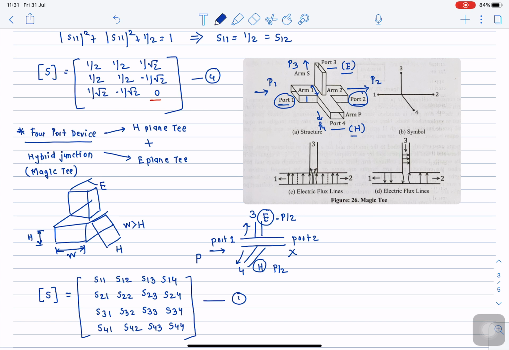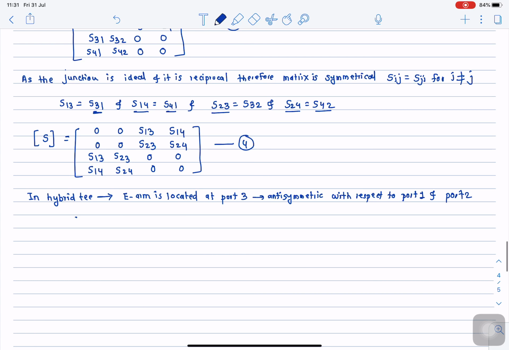So we can write this particular property as S23 equal to minus S13, or S13 is equal to minus S23, because port 3 is electrically anti-symmetric with respect to port number 1 and port number 2. We include this change in equation number 4 and rewrite the scattering matrix.